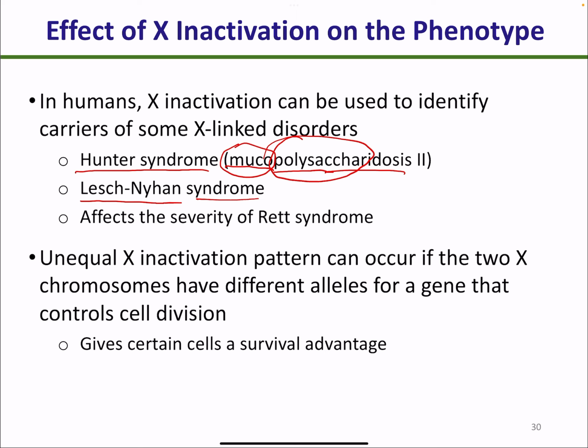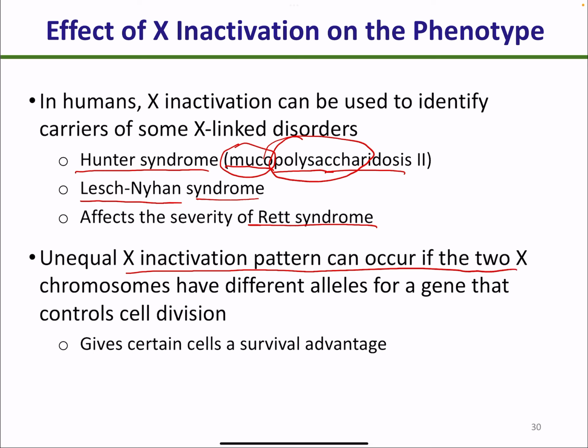Then we have Rett syndrome, whose severity is going to vary from one individual to another based on which X is being inactivated. So unequal X inactivation patterns can occur if the two chromosomes have different alleles.